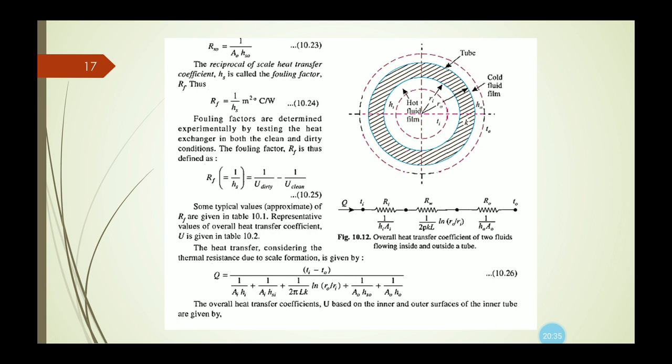Now the heat transfer, considering the thermal resistance due to scale formation, which is due to the occurrence of fouling, can be represented like this, equation number 10.26. So the overall heat transfer coefficient, capital U, is based on the inner and outer surfaces of the inner tube.